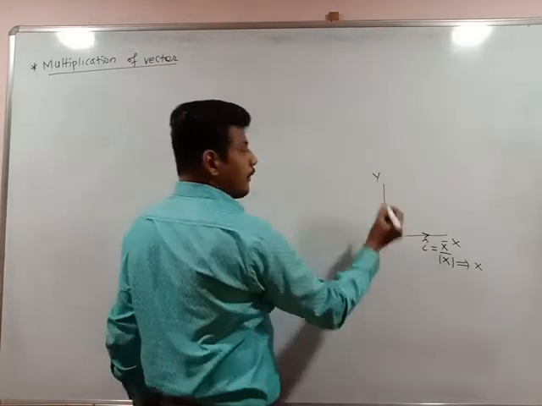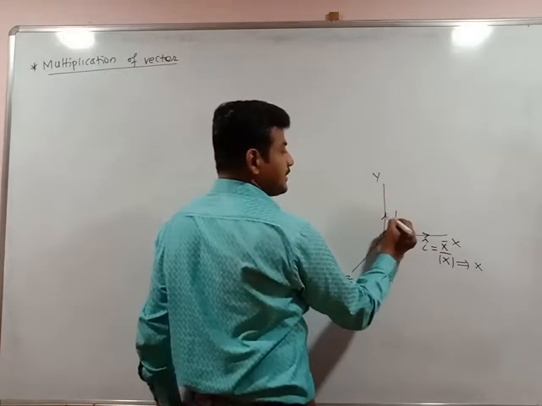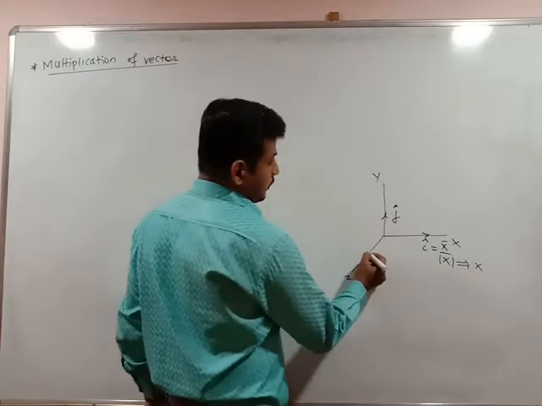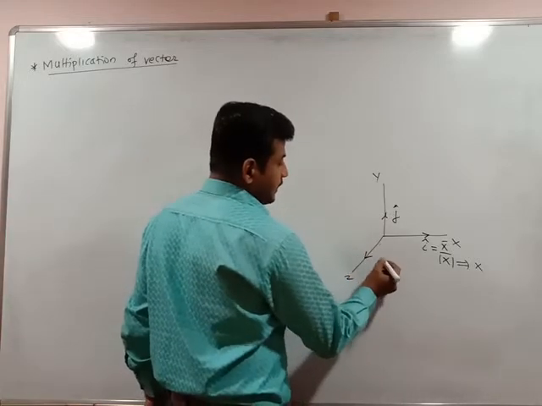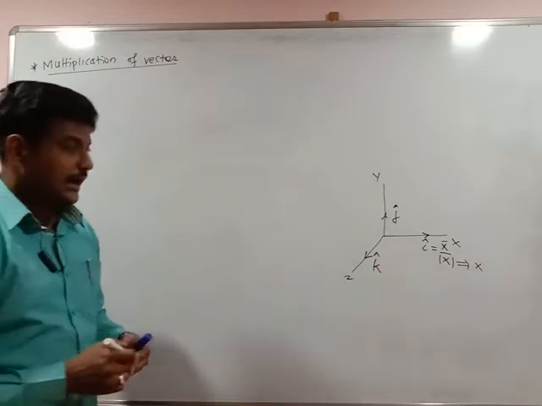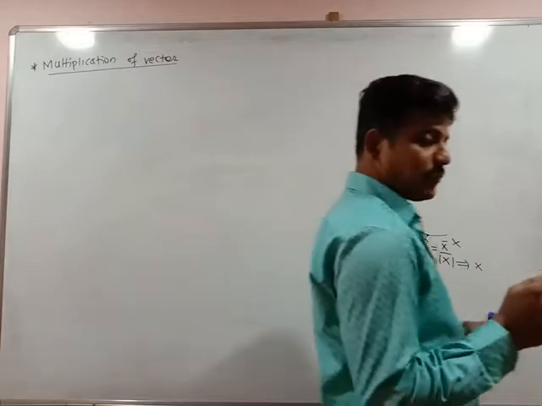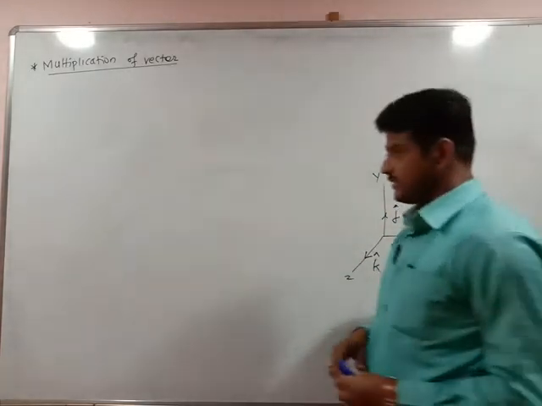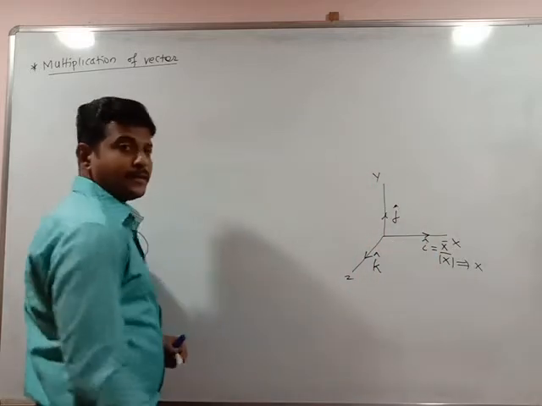The unit vector along the y direction can be represented as j cap, and the unit vector along the z direction can be written as k cap. So i, j, k are the unit vectors along the x axis, y axis and z axis in a Cartesian coordinate system.